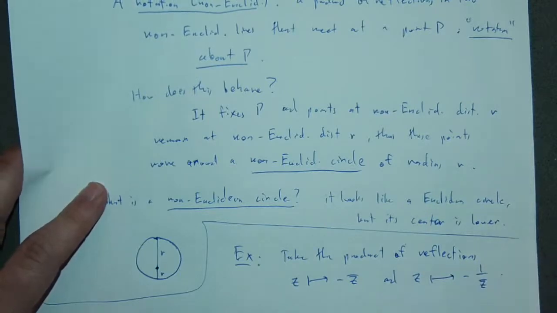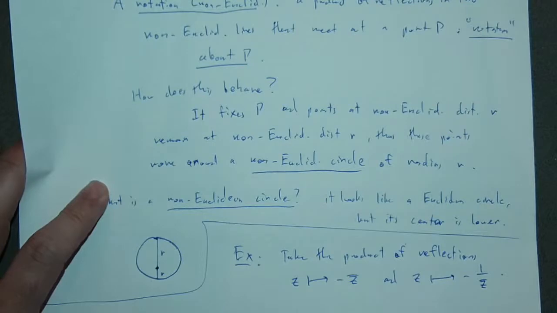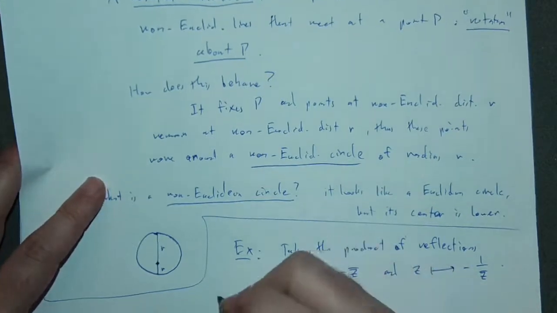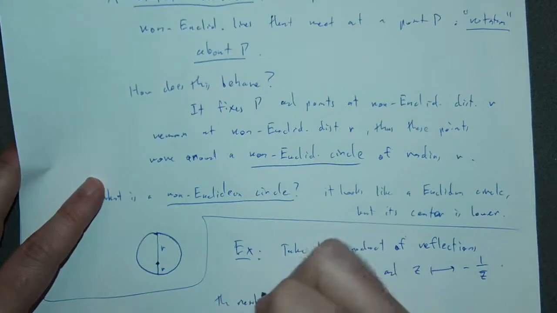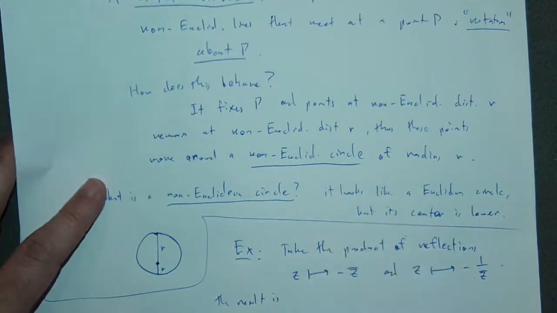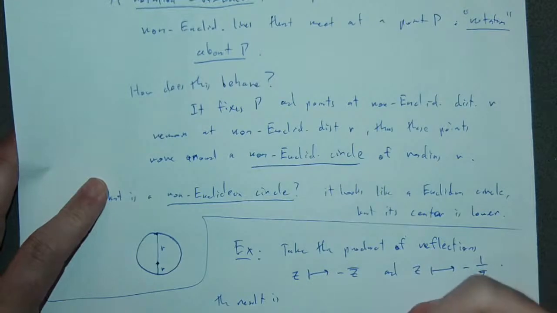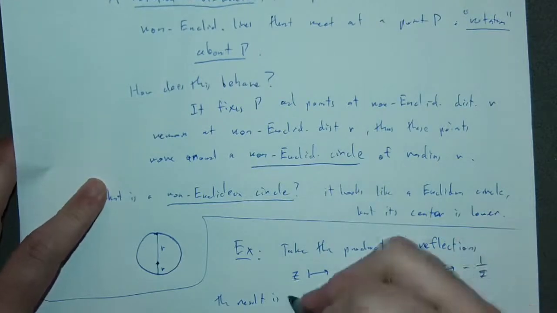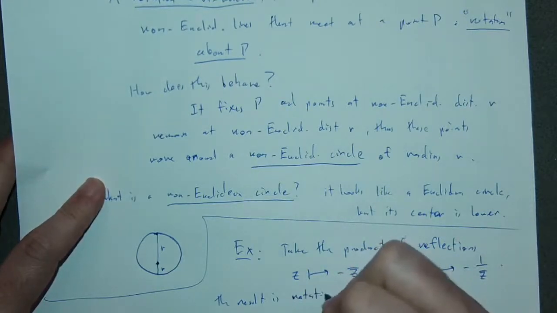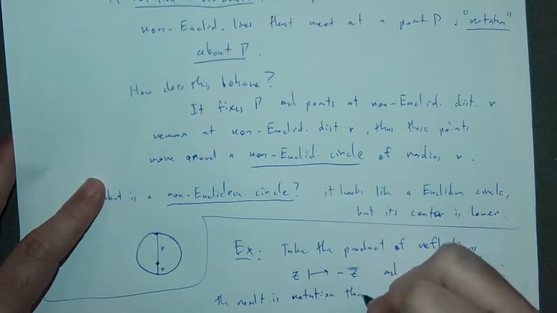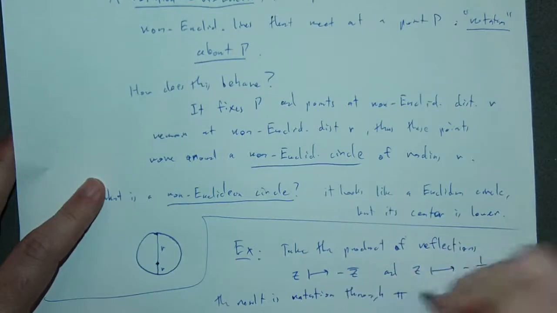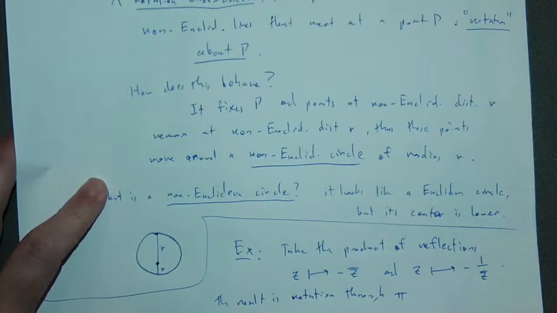These are my two basic reflections. So what is the result? The result is rotation, a rotation through an angle pi about I.